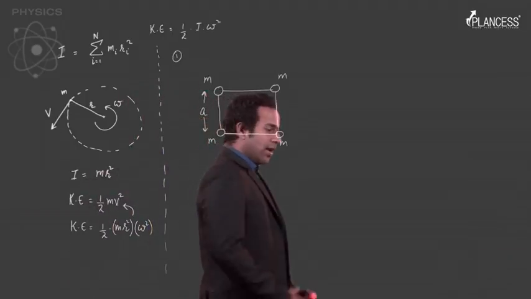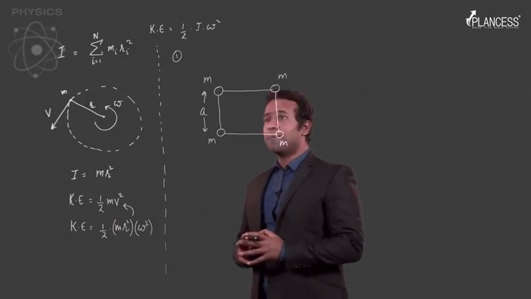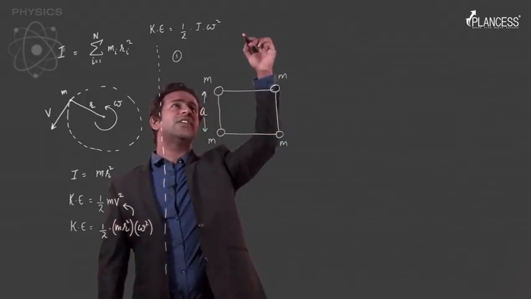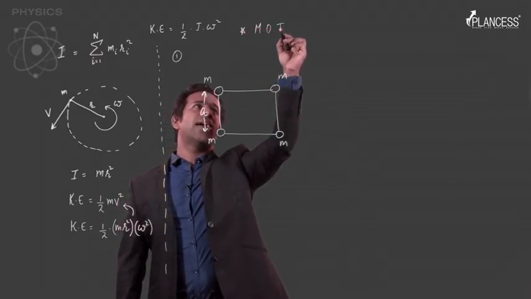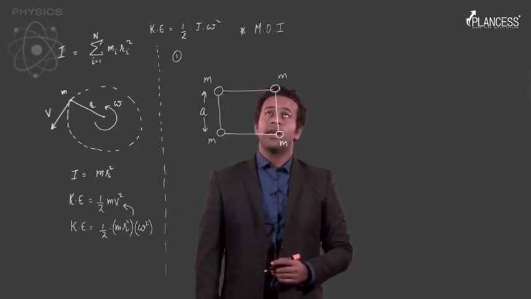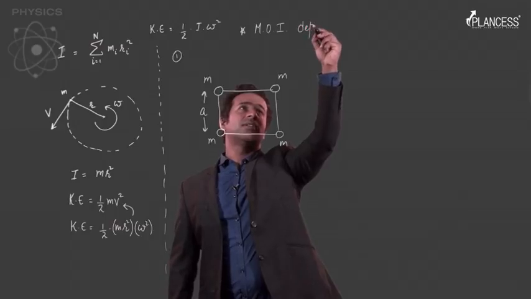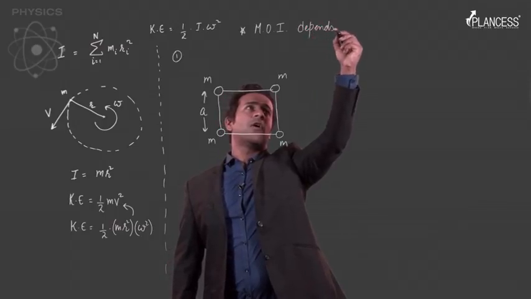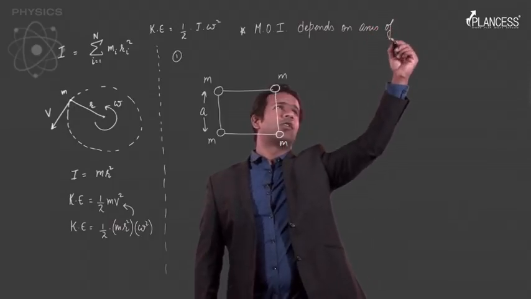Right. Now, one very important thing I must say is that moment of inertia, let me denote it by MOI. So in short, I'm writing moment of inertia as MOI. So moment of inertia depends on axis of rotation.